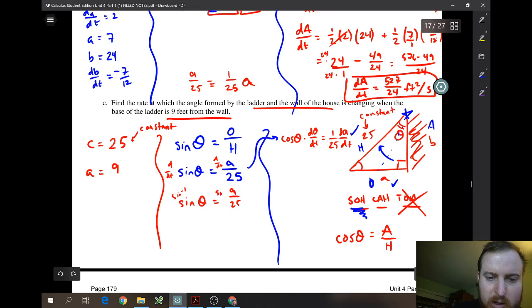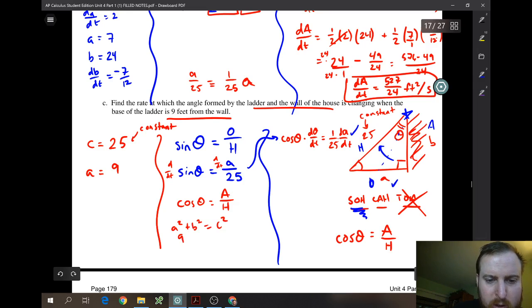Don't copy this down because we're not going to do this. Inverse sine, you'd get a theta, and you'd plug that theta in. That absolutely works. But I don't like to do that. What I like a lot better, and is a lot easier for me at least, is to think, okay, we know that cosine of theta is the adjacent over the hypotenuse, and we know that a squared plus b squared equals c squared.